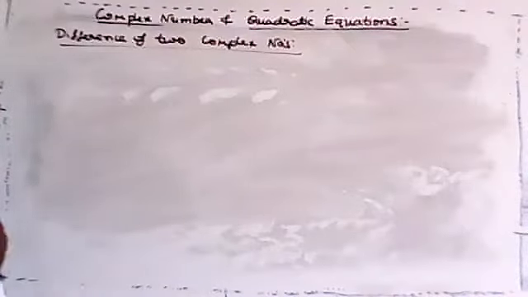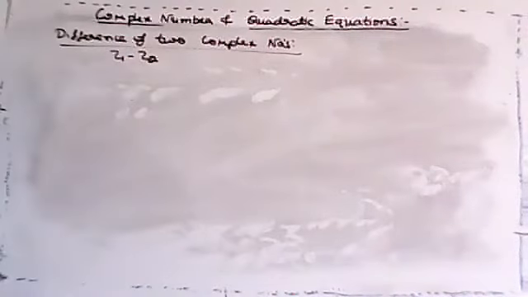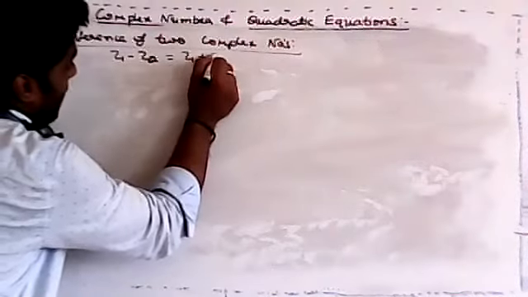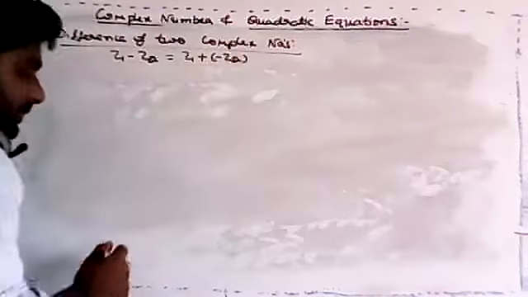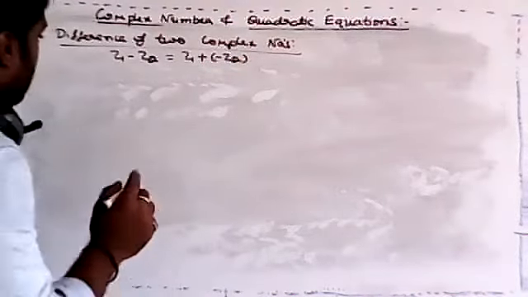How do you have to write that one? That one we defined as what? Z1 minus Z2. Or we can write that one as Z1 plus of minus Z2 also. Okay, we'll take an example for this one.